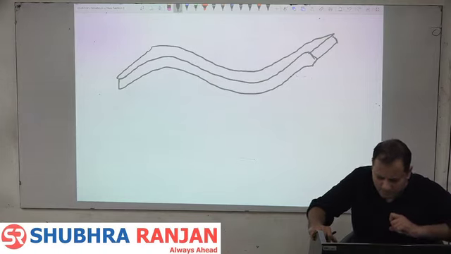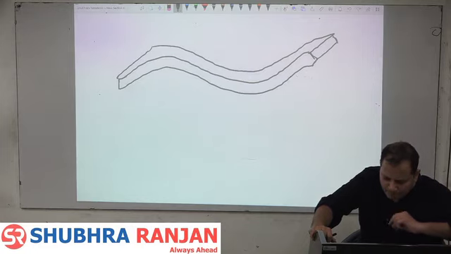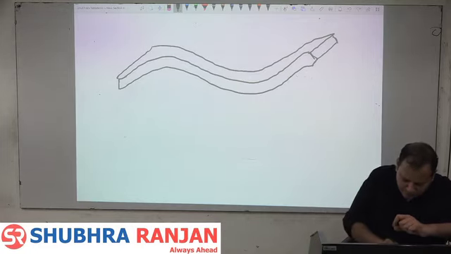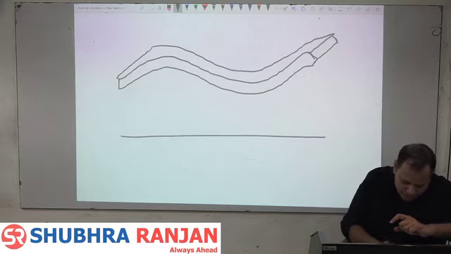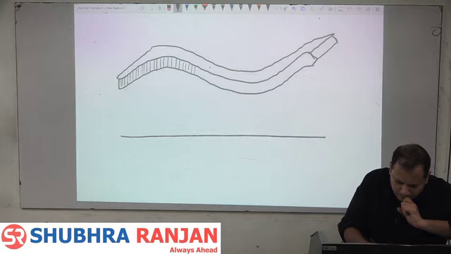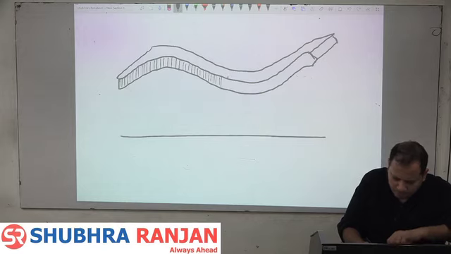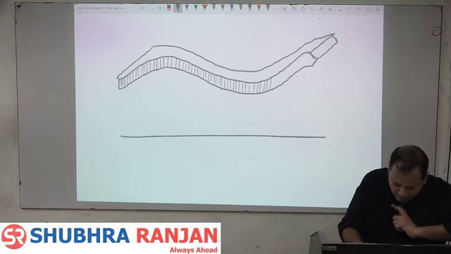Next point. Due to this wave-like flow of upper air westerlies, another name for the jet streams, energy transfer takes place across the latitudes.